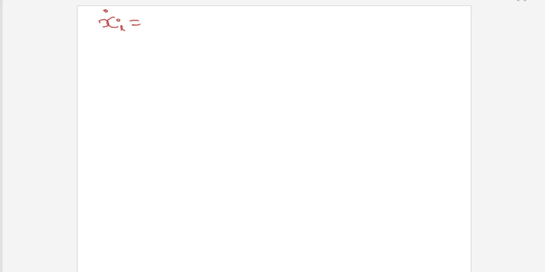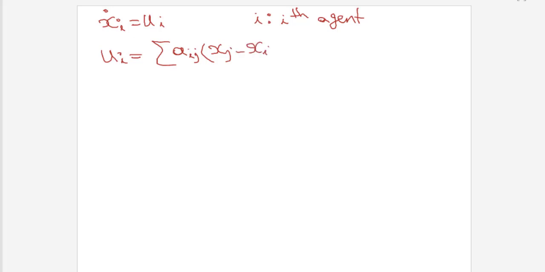xi dot equal to ui. i is the agent, the number of the agent. We define ui like this: the sum of aij times (xj minus xi).